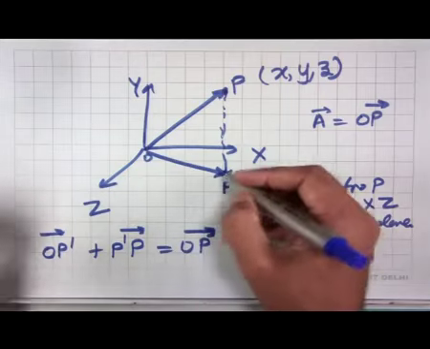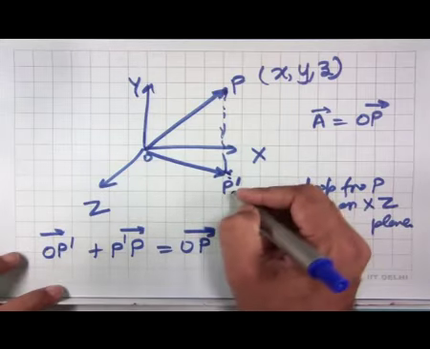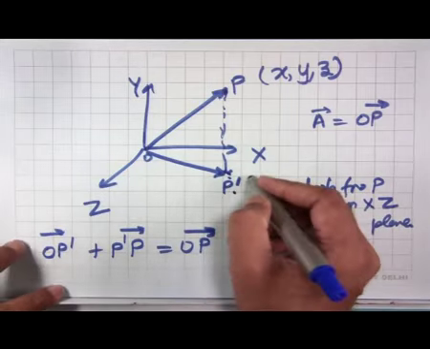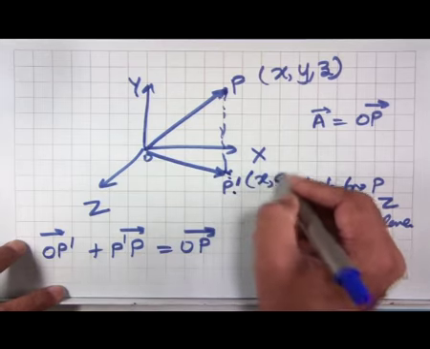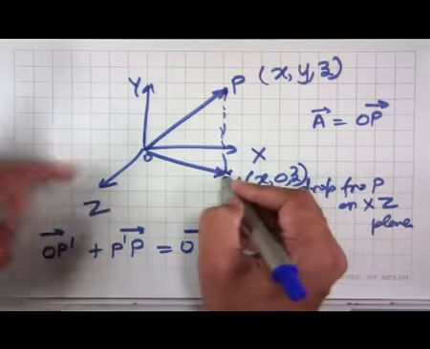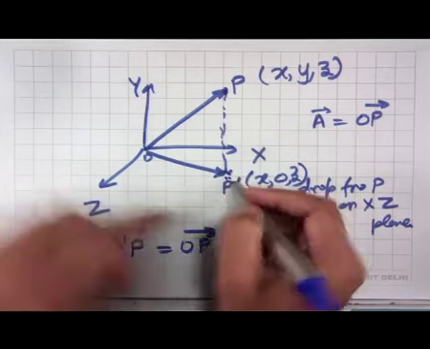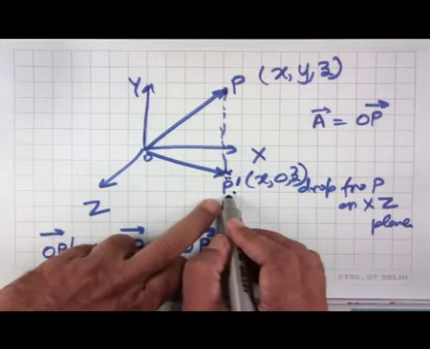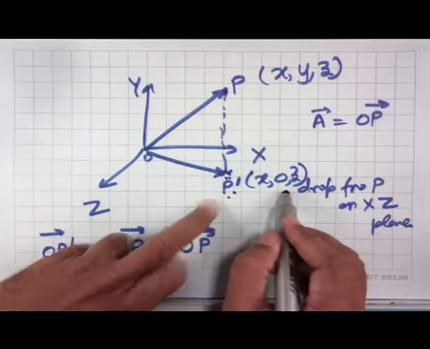Now, if we look at the coordinates of the point P prime, then they will be equal to x, 0, z. This is a point in the xz plane. So, the y coordinate of point P prime will be 0, it is x 0 z.